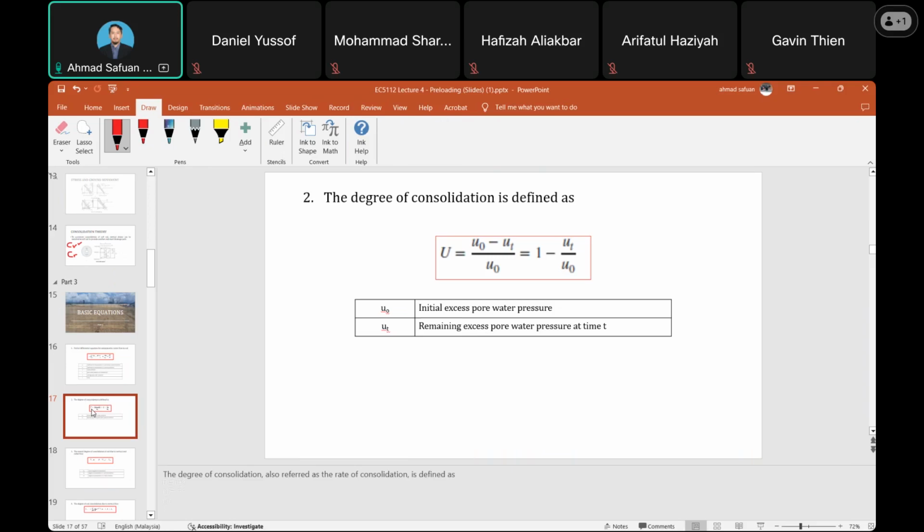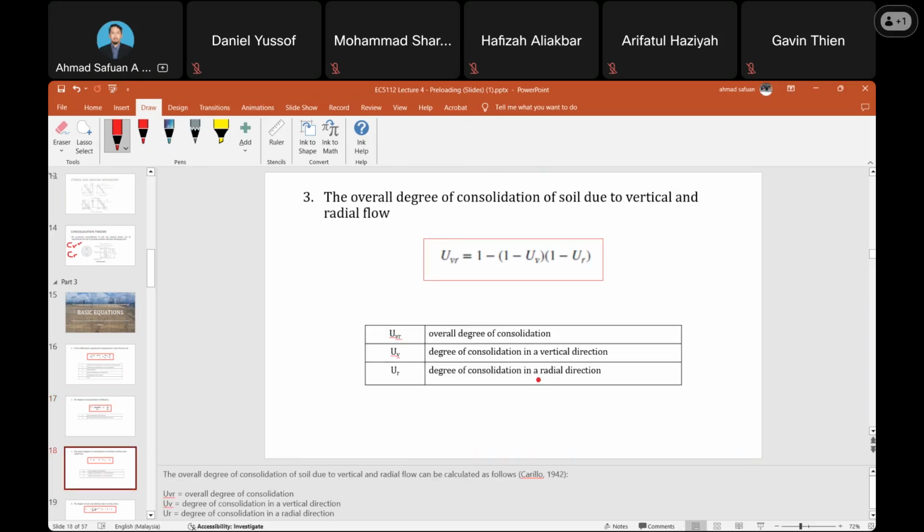We need to identify the degree of consolidation, and usually we target to reach at least 80% during the process of consolidation. U naught is the initial excess pore water pressure, and UT is the remaining excess pore water pressure at time T.